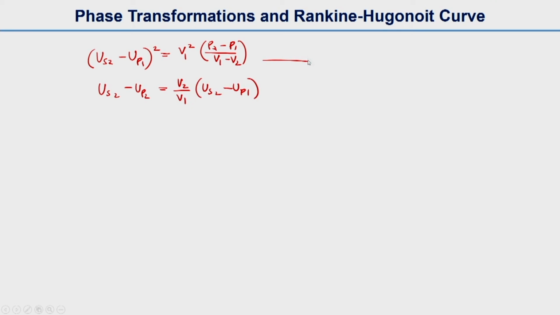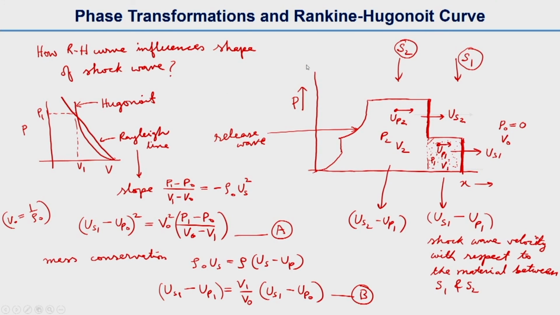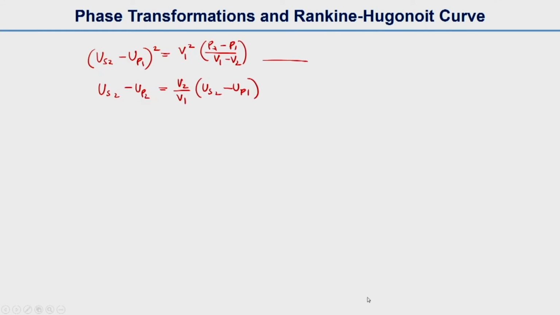So let's assume this as, okay, better we can write this all as 1, 2, 3, 4. That will give us a better, clearer picture. So this will be 3, this will be 4.